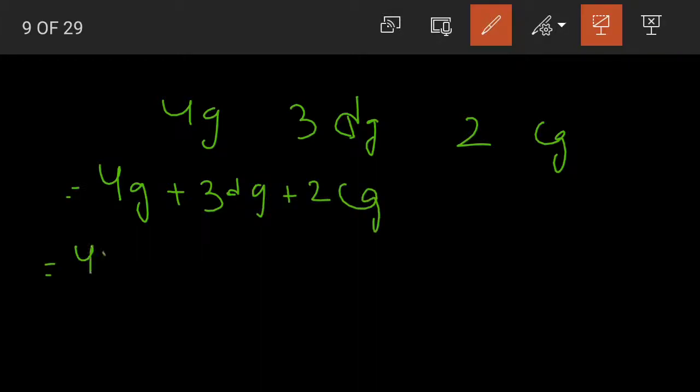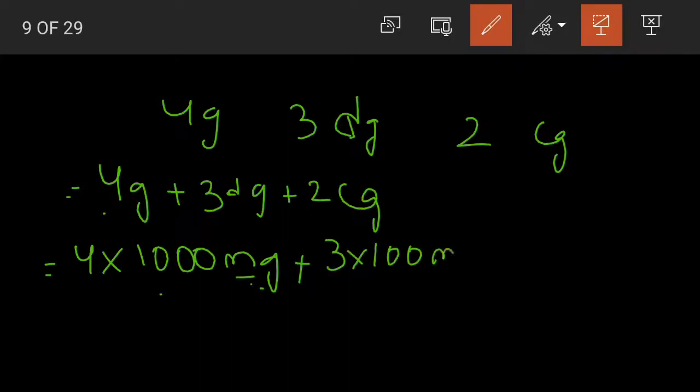Just now we have learnt that 4 into 1000 milligrams. When we multiply our 4 grams by 1000, the answer will be in milligrams. That is why we are writing the unit of measurement as milligrams, children. Now 3 into 100 milligrams plus 2 into 10 milligrams.